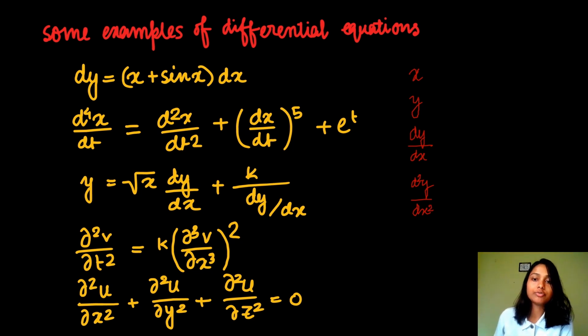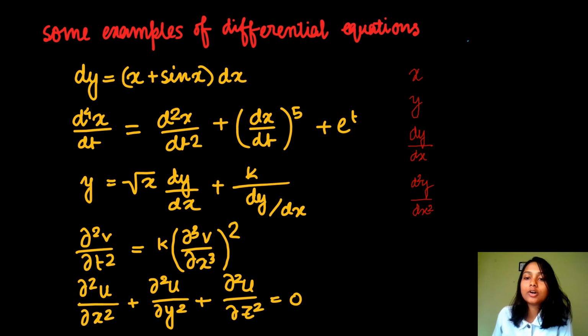Any equation involving these terms can be called a differential equation. Here we have some examples, like this one, where the dependent variable is x, the independent variable is t, and the derivatives of the dependent variable are here also.